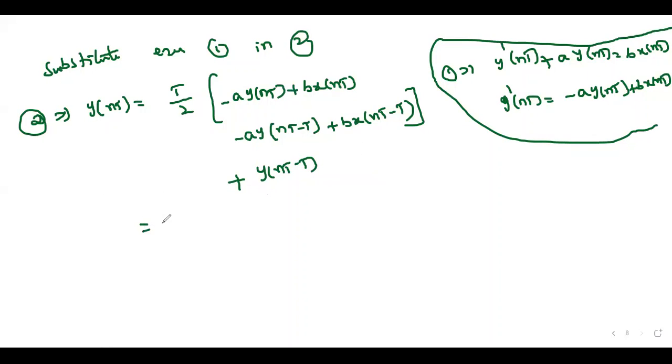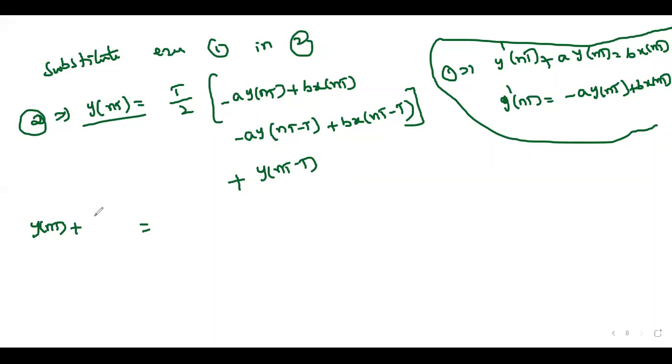Okay, so we'll simplify this. Any y of nt minus t here is there, but we cannot cancel it. Then what we do is we will gather y of nt terms one side and y of nt minus t terms on the other side. This side y of nt is there, and this side y of nt here. So we'll take it to this side. So it is minus, it will go to plus here.